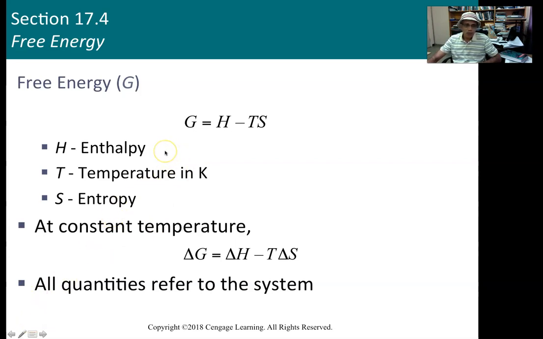Now, one quantity that also helps in the determination of a spontaneous process is free energy. Free energy has the capital G symbol, and you can see it is related to the enthalpy value and also the entropy value.